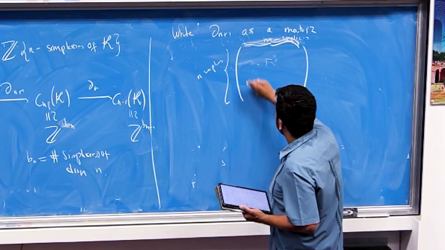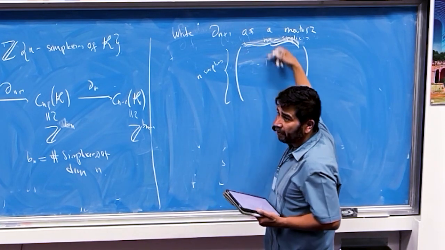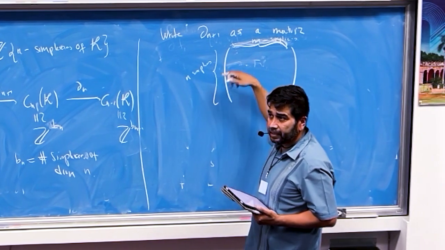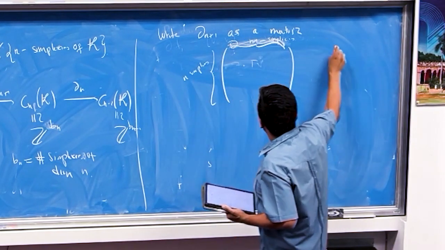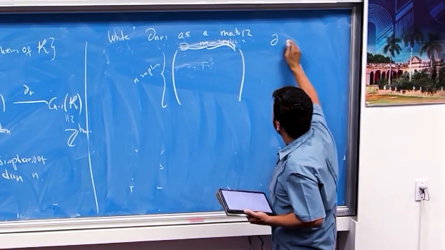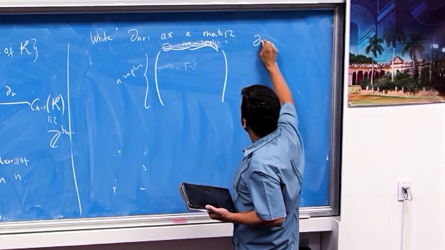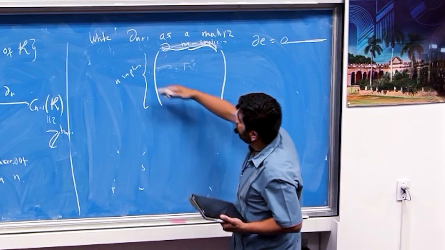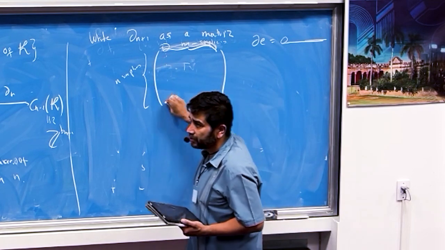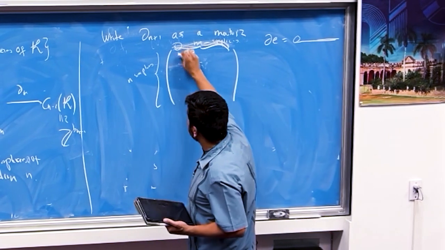And you write here the boundary operator, like I said before. You just compute the boundary operator of an element, and you will get a sum of n-simplexes, and you put the coefficients here.